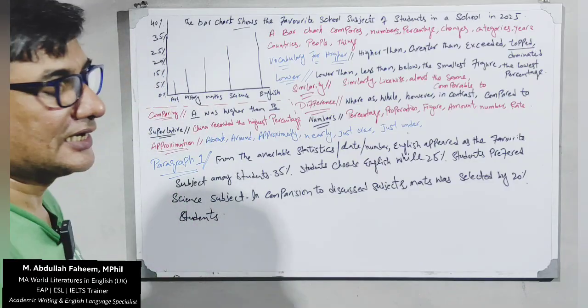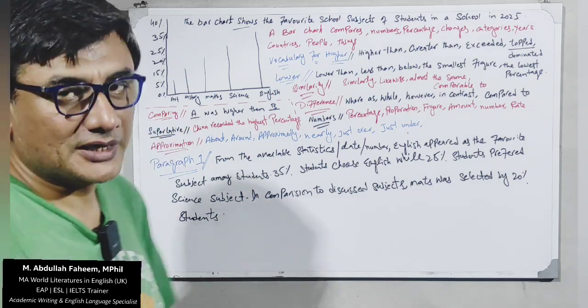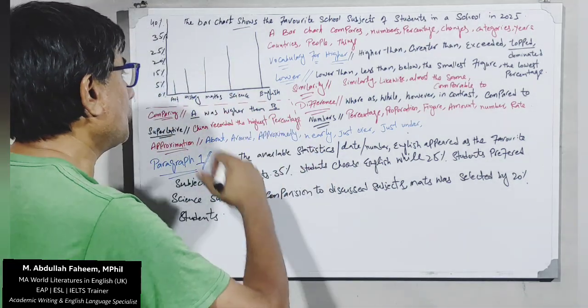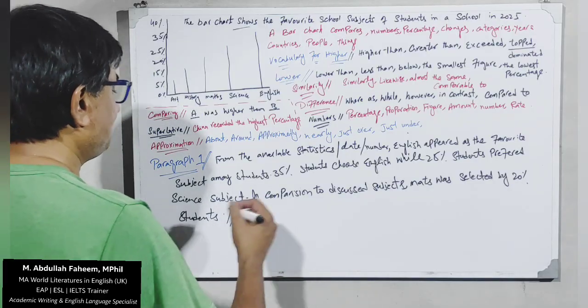So this is how we can end the first paragraph, because there are only two options remaining. So in the second body paragraph, we can talk about the least adopted subjects. For instance, I write the second paragraph from here.